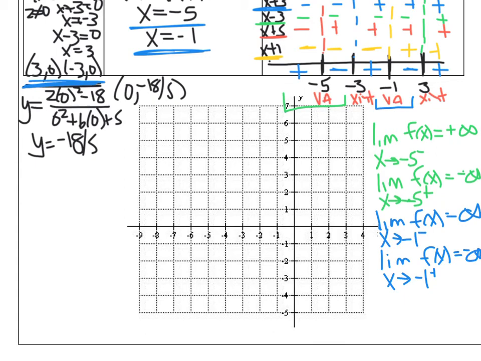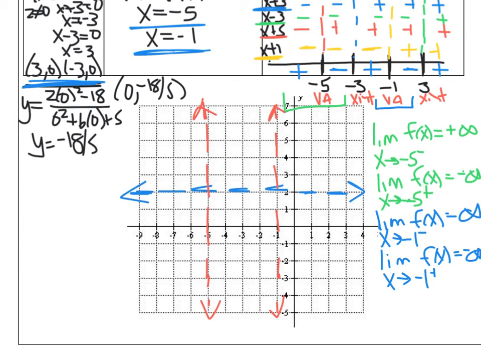All right, so we're ready to sketch. So on here, let's do our y-intercept, or our horizontal asymptote, sorry. We'll get to our y-intercept. Horizontal asymptote at y equals 2. We have multiple vertical ones, so we have a vertical at negative 5. We have another vertical at negative 1.